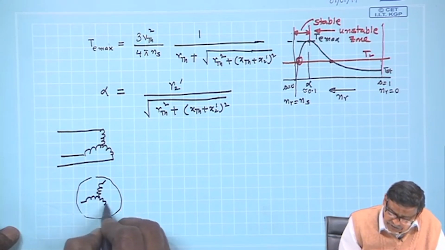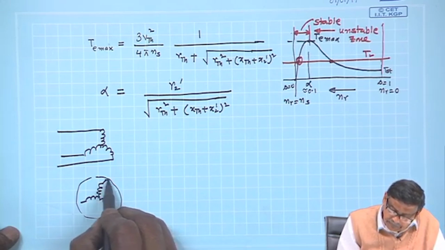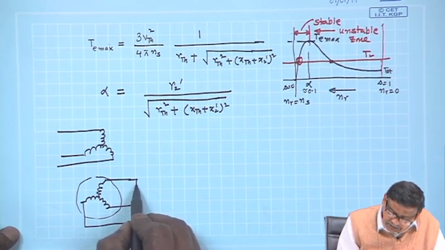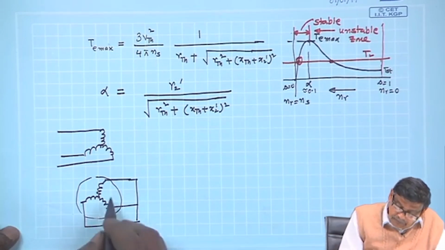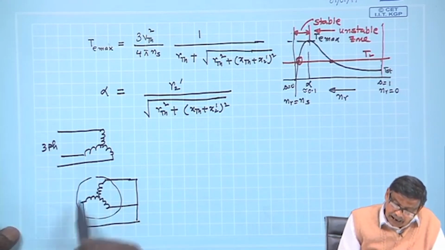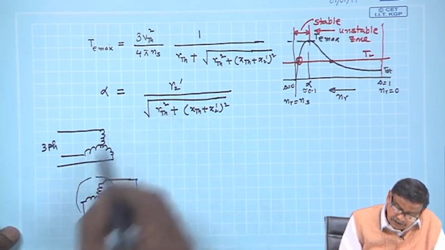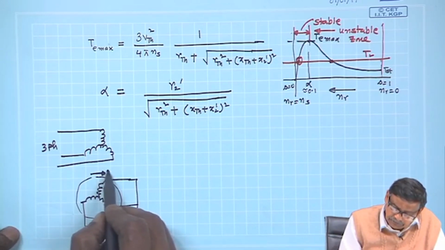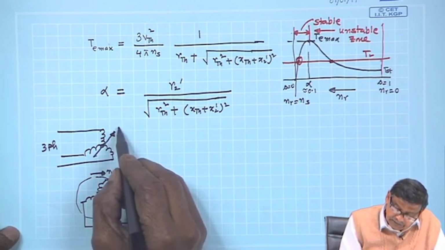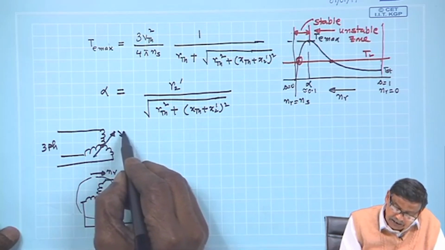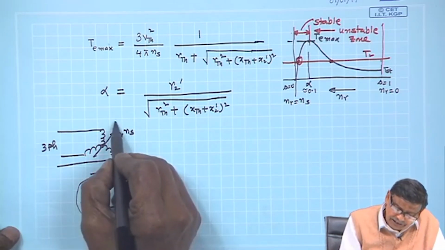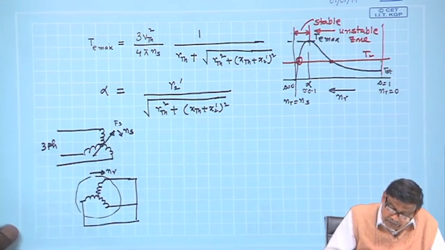I have assumed star connected for the time being, and these rotor terminals are shorted. You give 3 phase supply here, the machine stator field is produced, the machine runs suppose in this direction, and obviously the net field is also moving in this direction with N s, stator field or main field, whatever it is.